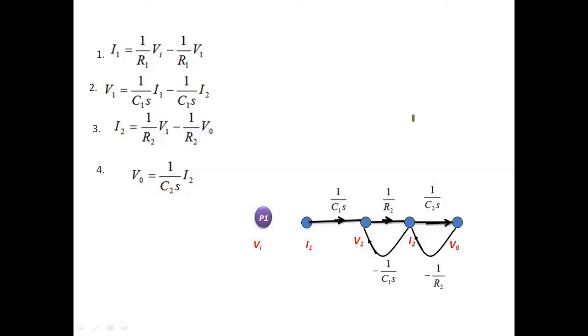Then with respect to equation number 1, in specific to node I1, we have from node Vi, a branch moving towards I1 with the branch gain of 1 by R1. And from V1, we have a branch gain of minus 1 by R1 moving towards I1. And we have drawn the complete signal flow graph.